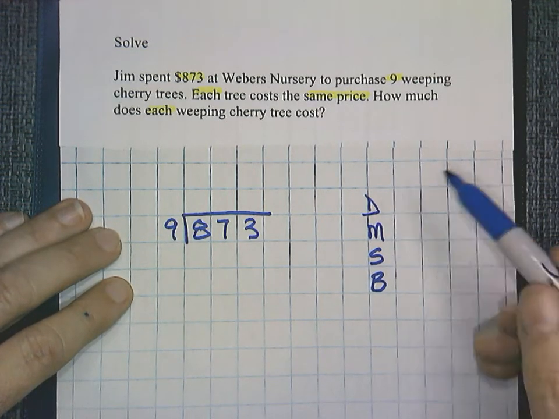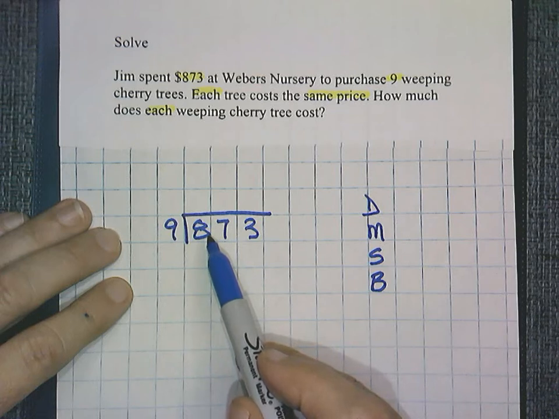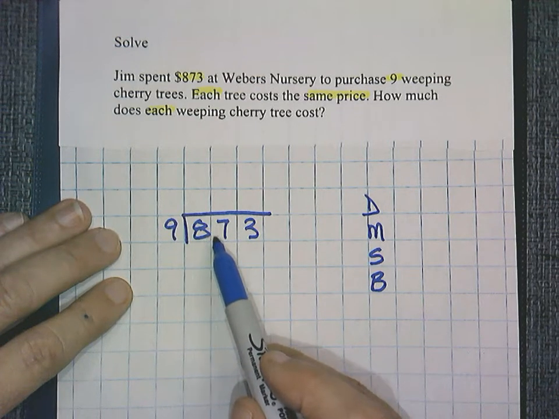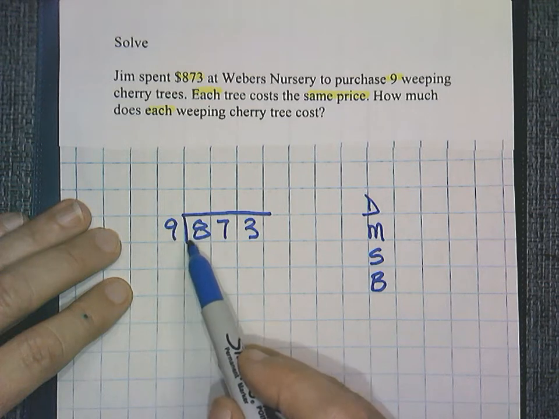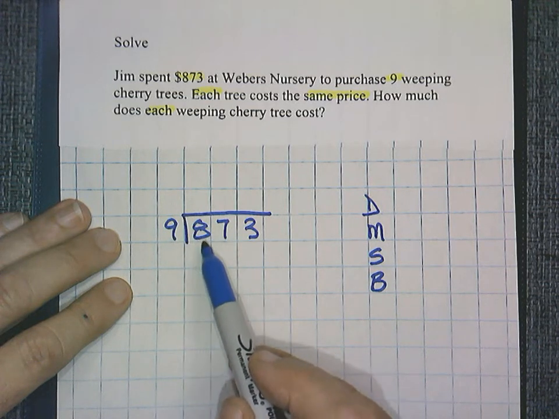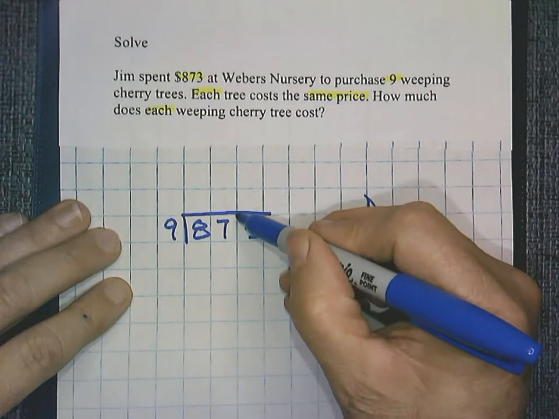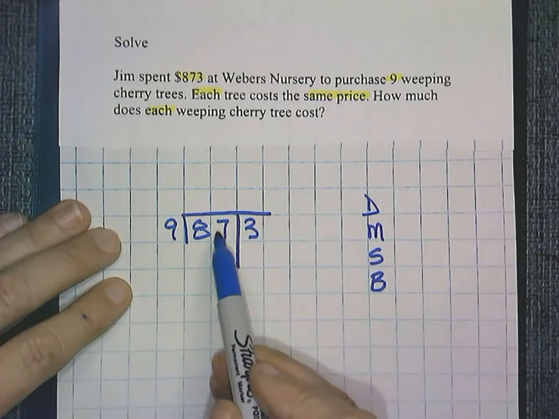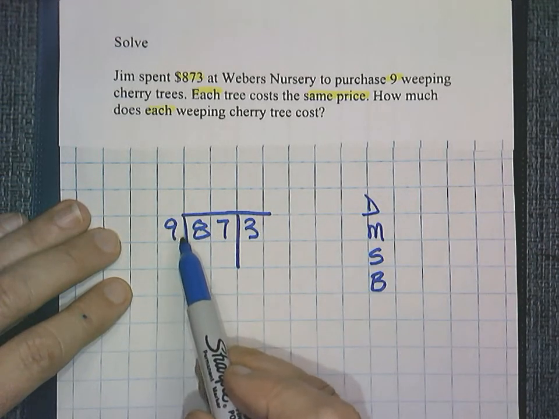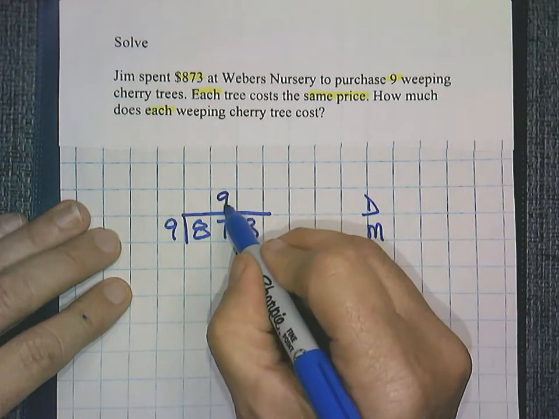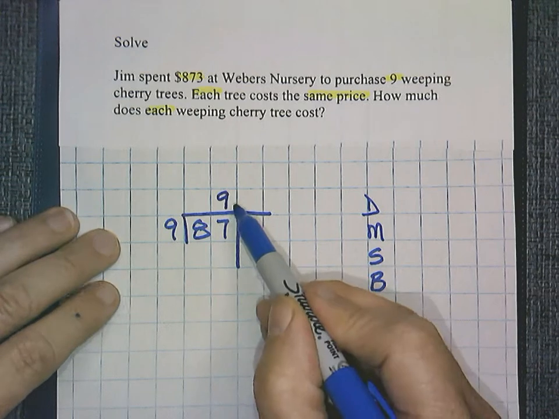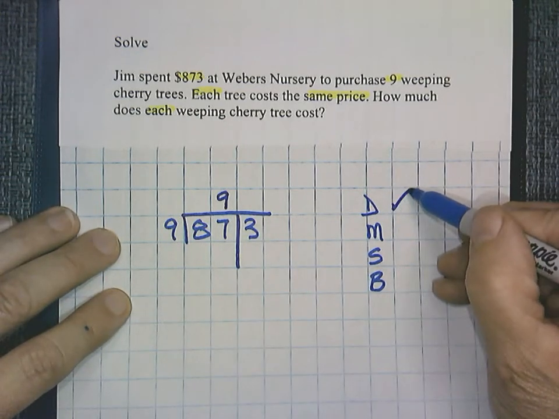So we're going to start with divide. Remember, we're going to start with our dividend and work from left to right. 8 divided by 9, I can't do that because 8 is too small, but 87 can definitely work with that. 87 divided by 9, well, your knowledge of multiplication would be 9. That is our divide step.